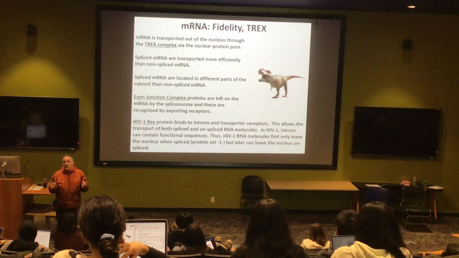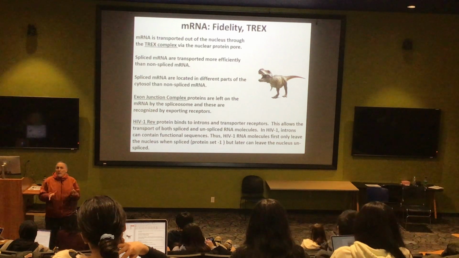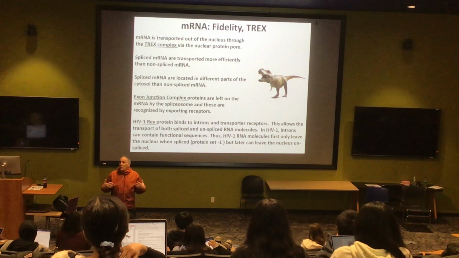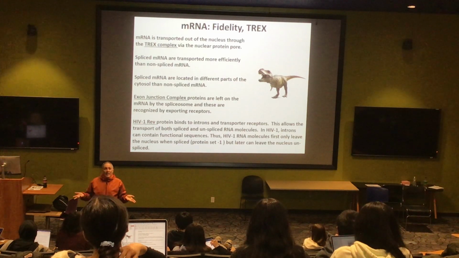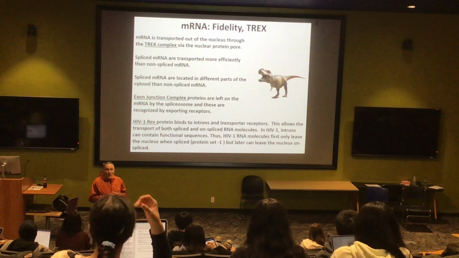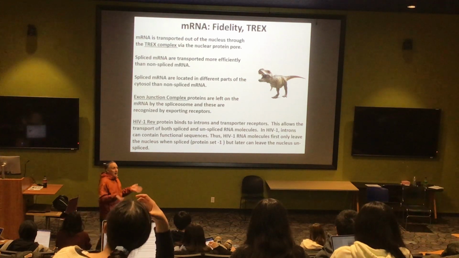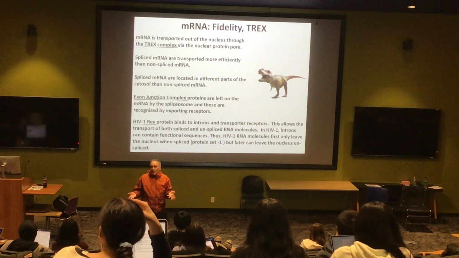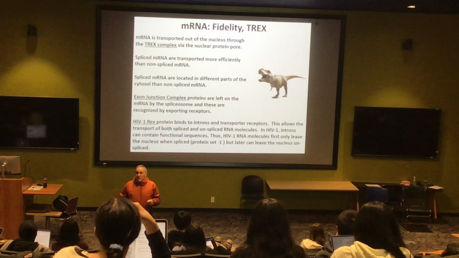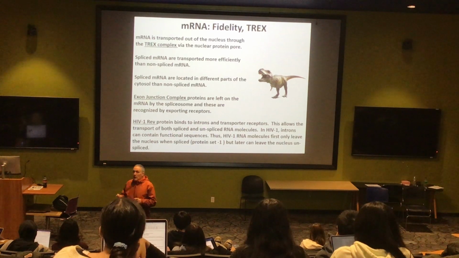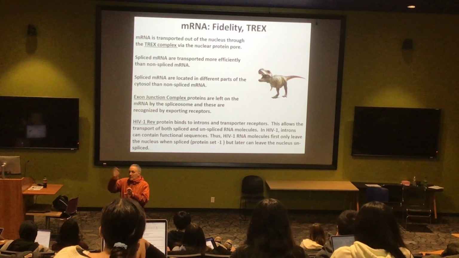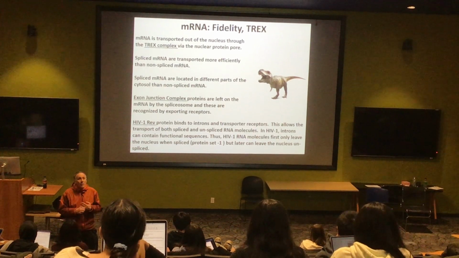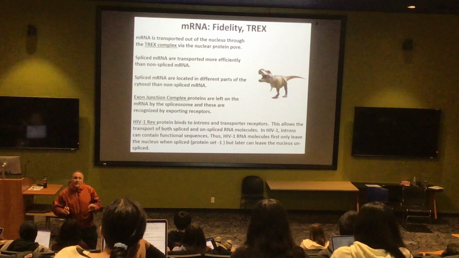And TREX has a really, really important feature to it, which is that it will not allow unspliced RNAs to actually exit the nucleus, under the notion that if it's not been properly spliced, then probably there's something wrong with that RNA. So how does the TREX protein complex know that the actual splicing has happened? It just looks chemically like an RNA. During that splicing process, when the spliceosome is actually working, after the introns are excised and the exons are spliced together, portions of proteins are actually left behind on the exon-exon junction.